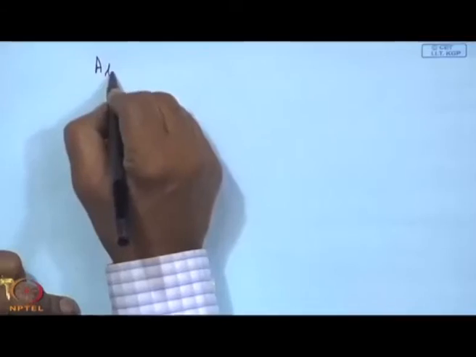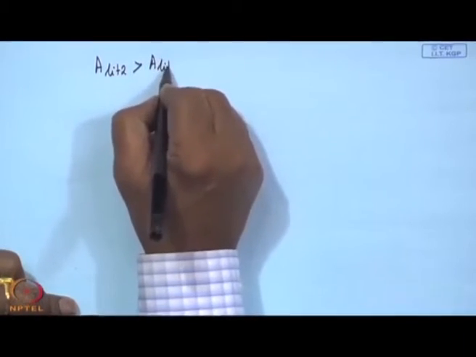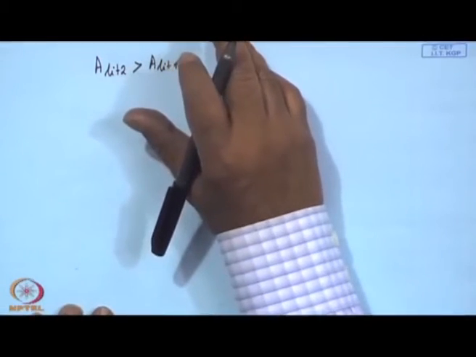So, A lit 2 is always greater than A lit 1. So, in one sense my shading factor here will be overestimated. It assumes that more area is covered rather than less area. Okay.